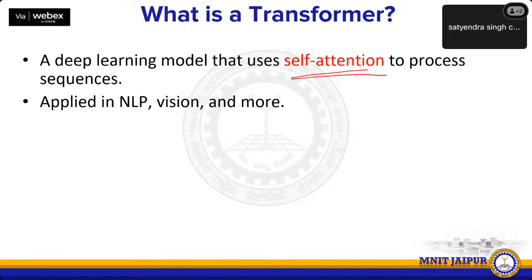This makes them faster and more efficient, especially for long sequences. Transformers are the foundation and backbone of models like BERT, GPT, T5, and their application exists beyond text, in images as well, using vision transformers.